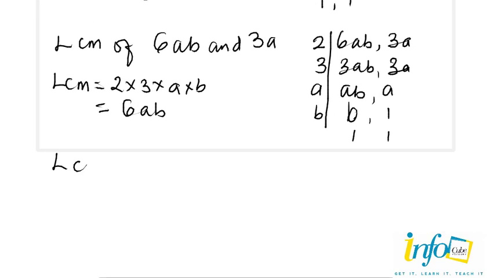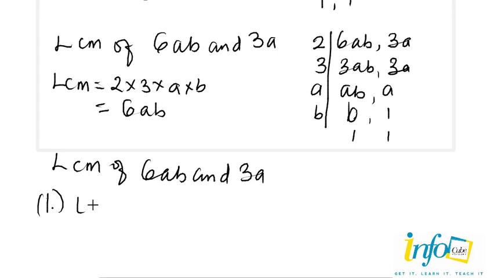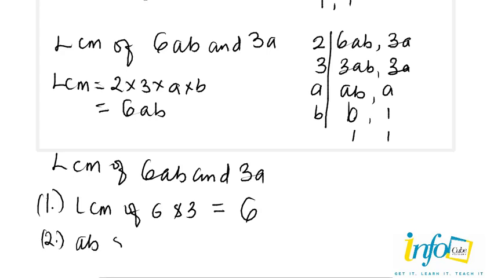I want to find the L.C.M of 6ab and 3a. The first thing I will do is find the L.C.M of what? The L.C.M of 6 and 3. Naturally, as a mathematics student at this level, finding the L.C.M of numbers will be very easy for you. So the L.C.M of 6 and 3, which we know, is 6. Now coming to the second part, the alphabet, you have a, b and a.